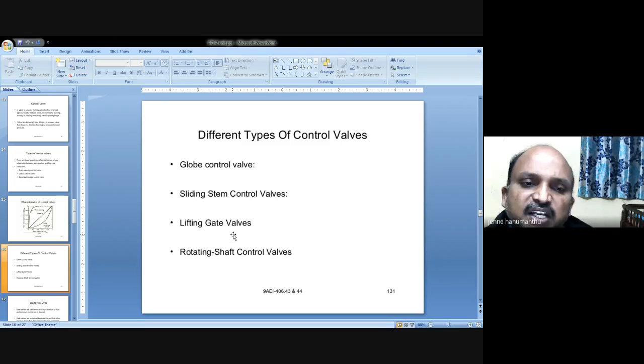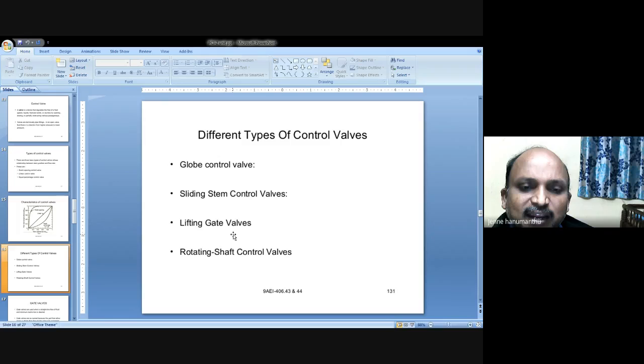What are the different types of controllers available in the process industries? You can take any chemical plant, any industrial plant, or any pneumatic operated devices. In any case, there should be availability of these control valves. Why are they named globe control valve, sliding stem control valve, lifting gate control valve, rotating shaft control valve?